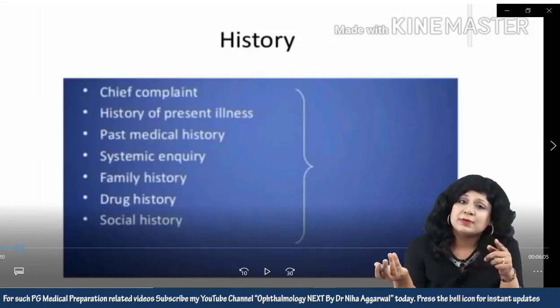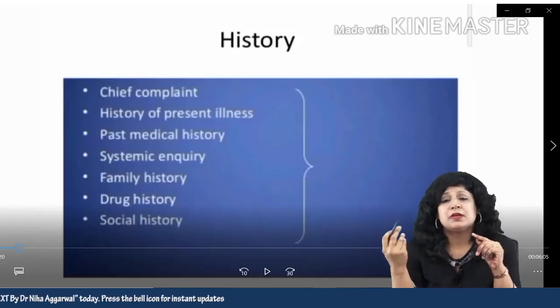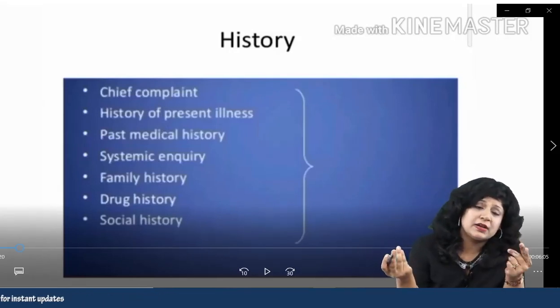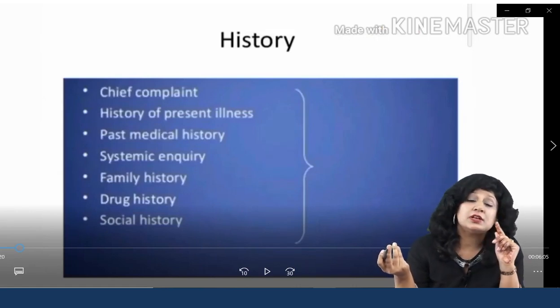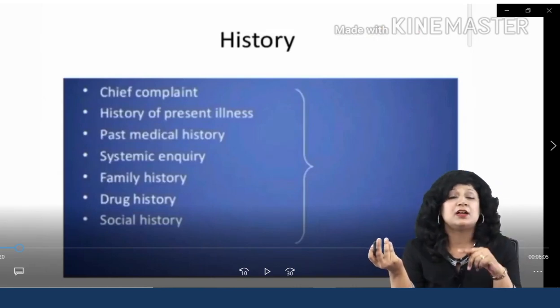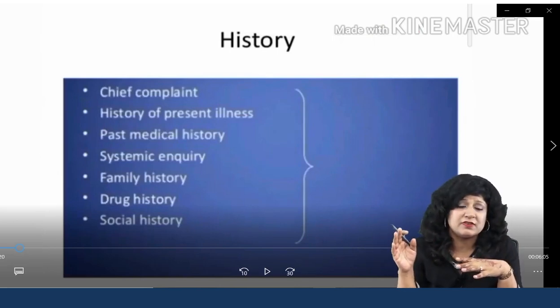So you have to tell the patient to continue the antihypertensives on that day, or the patient may be on ecosprin, on aspirin. You will have to tell them, before the anesthesia, whether the patient should stop the drugs or take the drugs, and for how much time he or she should stop the drug. So all this stuff is very, very important.